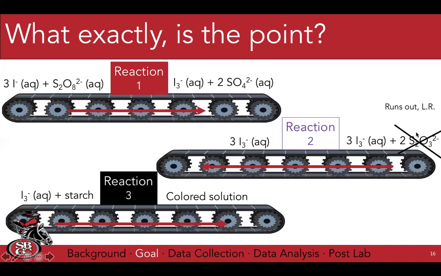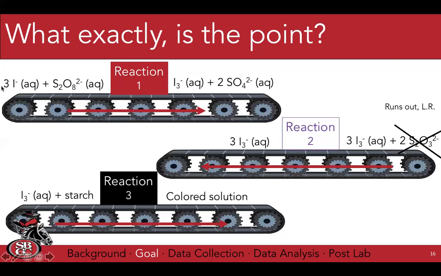How did we know that? Because after 1 minute and 30 seconds, this ran out, which means triiodide comes forward, mixes with the starch, and does reaction 3, which colors the solution, which I'll show you in just a second. And so that's how we're using the second reaction and the limiting reagent in the second reaction to monitor how quickly the first reaction happens, because we use the same amount, 10 mL of 0.01 molar thiosulfate, in every reaction.